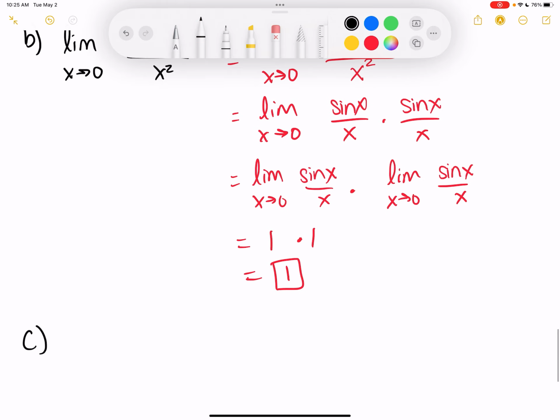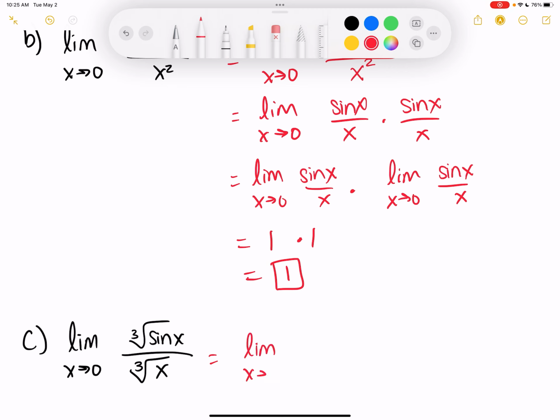I'm a little tired. All right, the next one, the limit as x approaches 0 of the cube root of sine of x over the cube root of x. So these have the same root, so I can actually write this all under one radical. So the limit as x approaches 0 of the cube root of the sine of x over x.